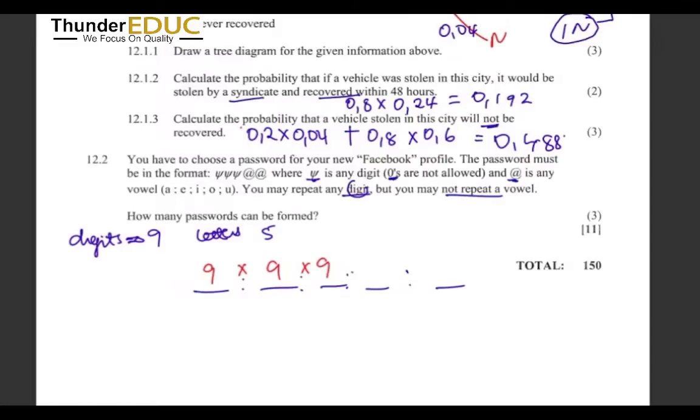And then for the vowels, we shall have 5 to choose from for the first letter, and then 4 to choose from for the second letter. So that's going to be 9 times 9 times 9 times 5 times 4. I'm getting 14 580 passwords. So that is what was meant to be done.